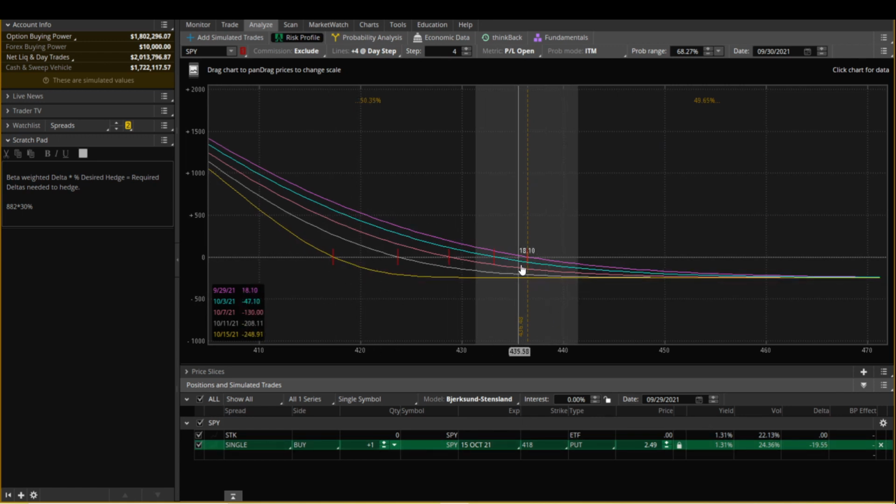So we can see that this is the stock price right now, I believe. And as the days go by, our break even gets lower and lower. So we need a big move on the stock for this hedge to actually take place. And if we get a large move soon, it'll work out great.